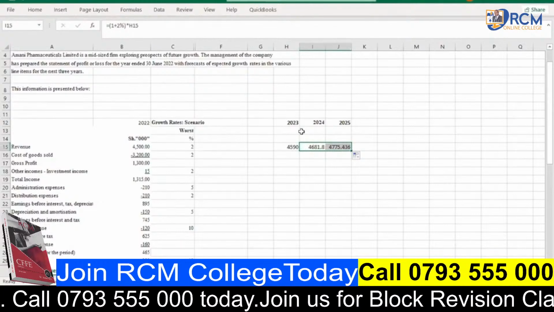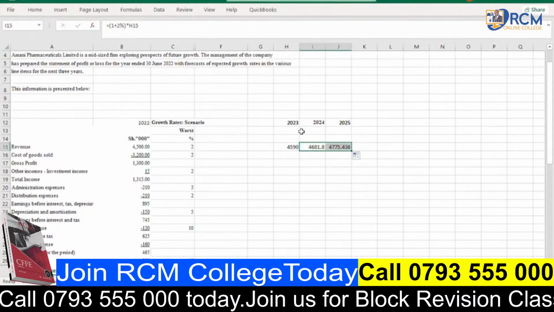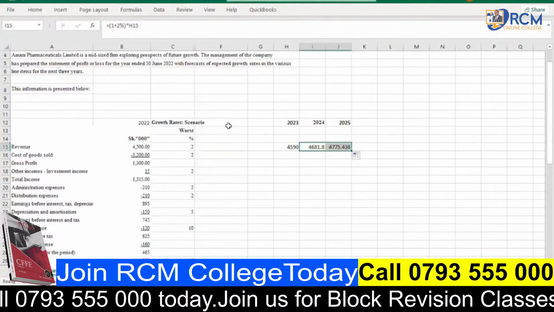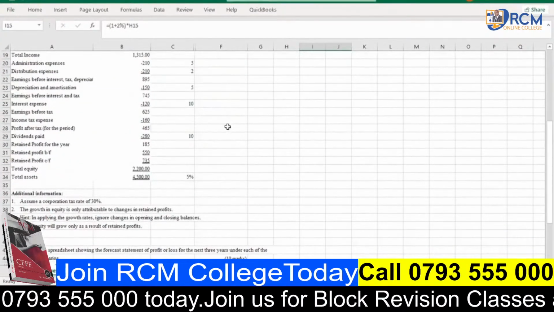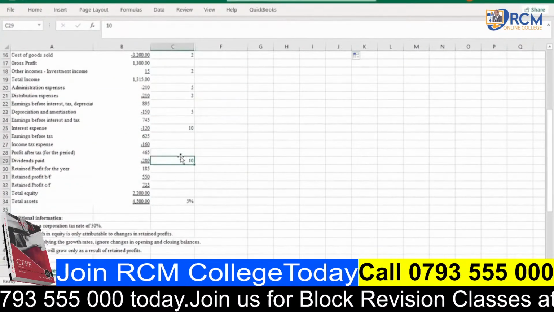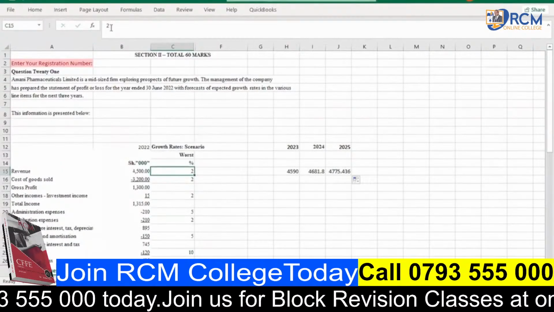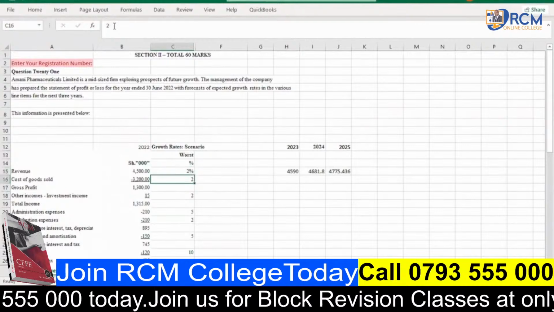Okay. So somebody is suggesting that we do it to 0.02. Very well. So let's see. Or you can just make these ones here to be percentages.